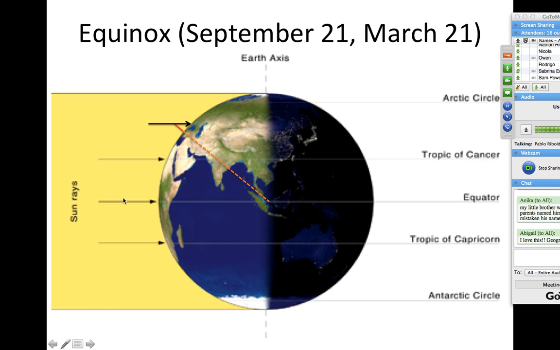The sun rays fall perpendicular here to the equator during the equinox.